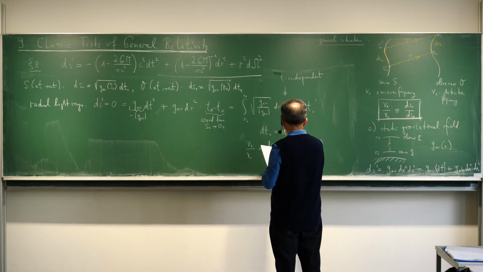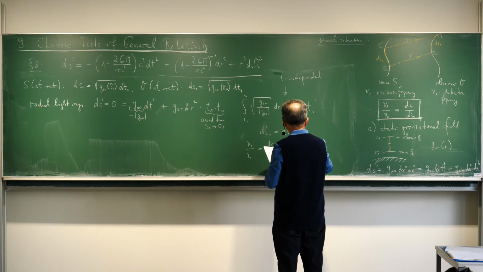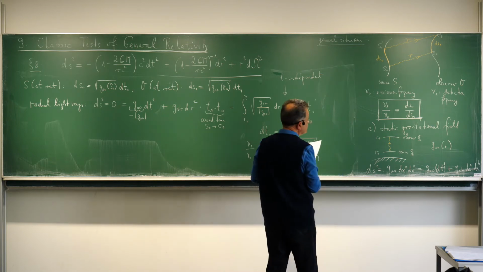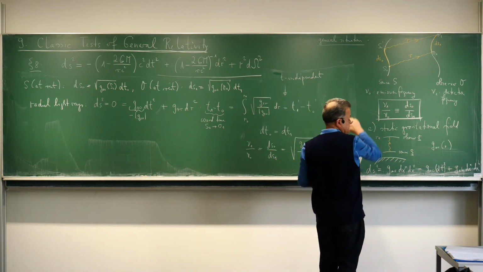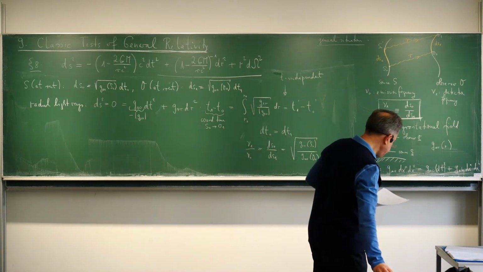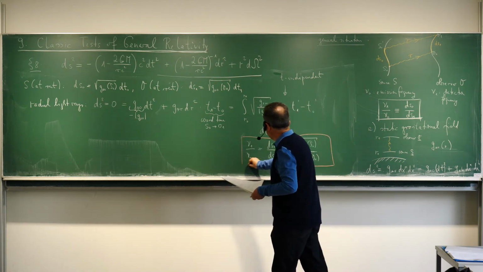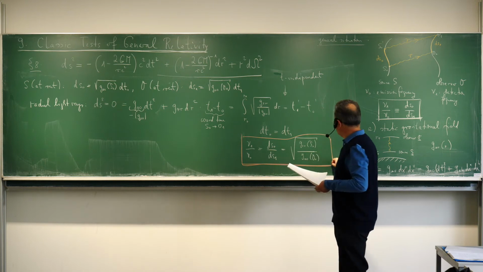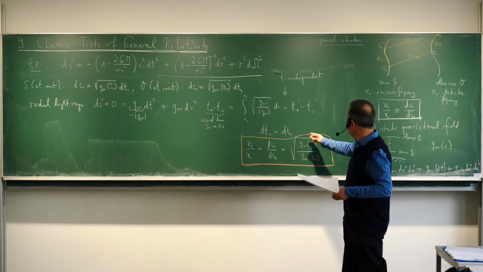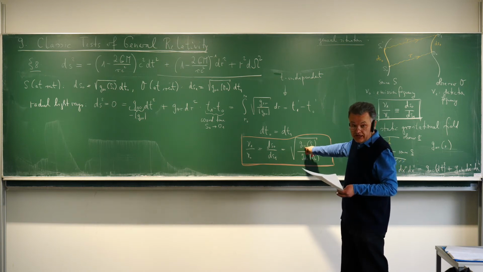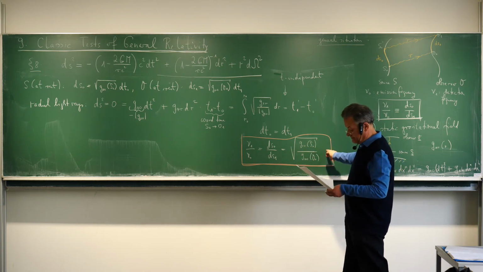So we have the square root of g00 at s0 over g00 at s1. So you see, for a static gravitational field, the gravitational red or blue shift is just given by the g00 component of the metric.